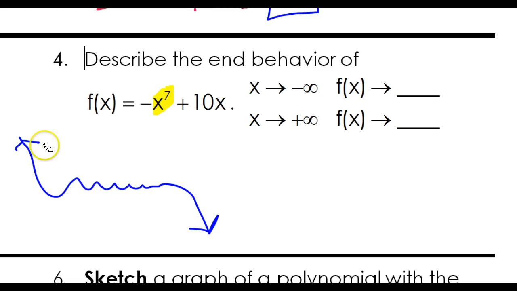So the bottom line is, on the left it's rising, and on the right it is falling. So as x approaches negative infinity, that's the left, the function is rising, so I'm going to say positive infinity. As we go to the right, the function is falling, so that's going to be negative infinity. So that's how end behavior works.